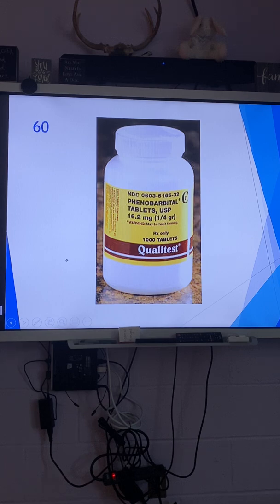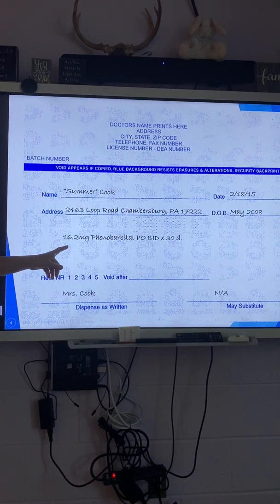Someone new. Natalie, you want to take a stab at it? Give 1 tablet of phenobarbital. So when we have this on the pill bottle, I'm going to show you some practice labels.